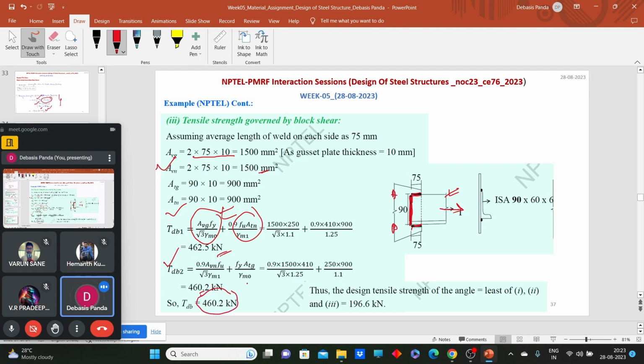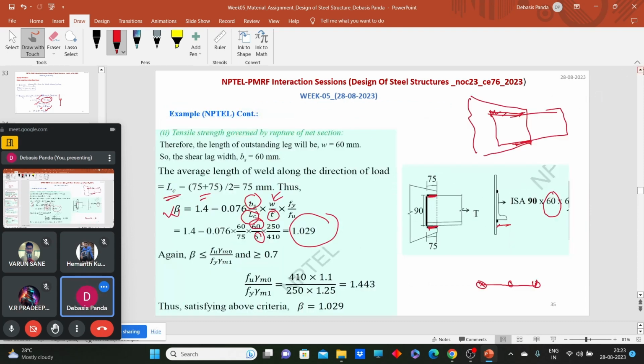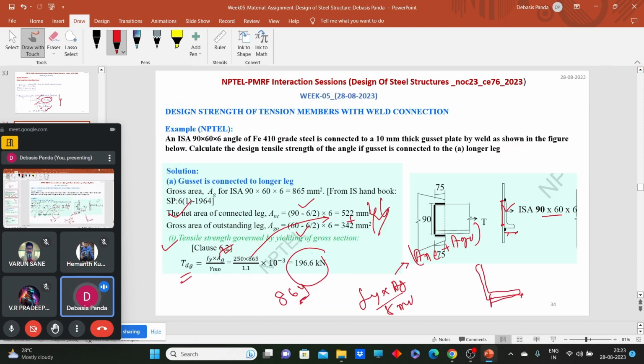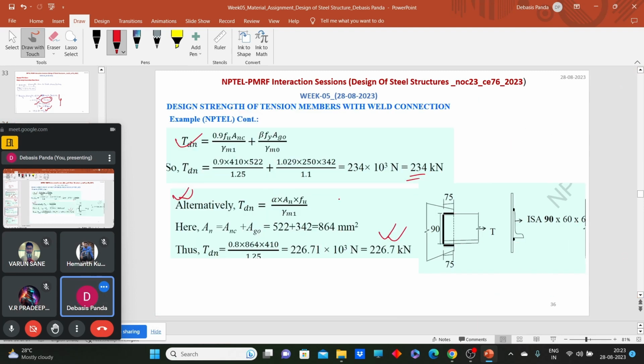So what will be the design strength of this connection? Minimum of, we have calculated the TDG value, that was I think 196.6 kilonewton. Yes or no? Yes, 196.6. Now what was our TDN value? We have considered this 260 or 234, whatever you want.